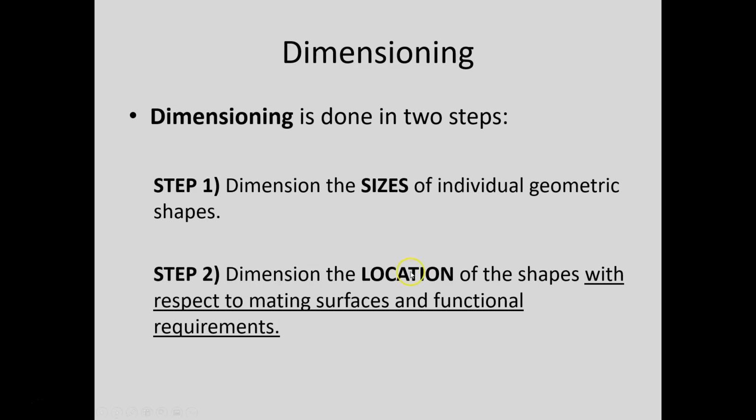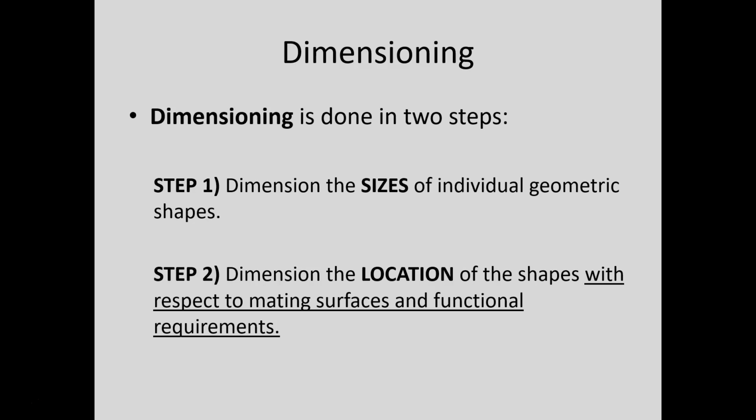functional requirements. Now, this underlined part here, with respect to mating surfaces and functional requirements, is a challenge, right? Because in order to do step 2 properly, we must know where the part fits in the machine or mechanism, in the assembly. This is often not the case when you're learning how to dimension. Oftentimes, we work with individual parts. We don't work with a part that we know where it fits in the assembly.